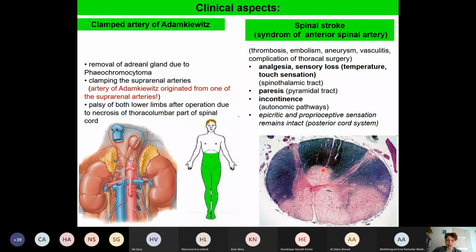That means the patients will have analgesia, sensory loss, because the spinothalamic tract is located in this area, and they will have a palsy and also incontinence. But you will understand it if you only know the pathways of the spinal cord.